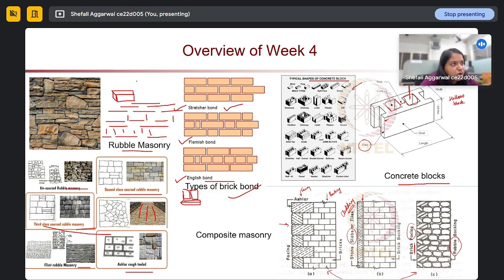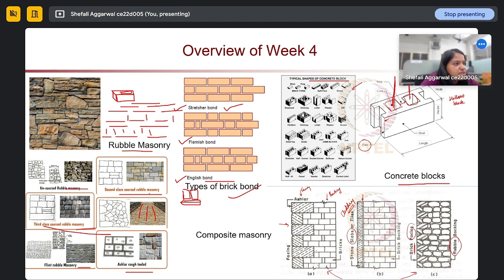Even in a normal brick we provide a space called a frog at the top, so that mortar will sit properly. Other thing, if we are to use reinforcement in our wall, these types of hollow blocks will be better for providing reinforcement. So these are the different types of concrete blocks.